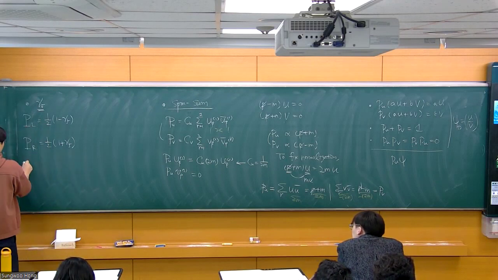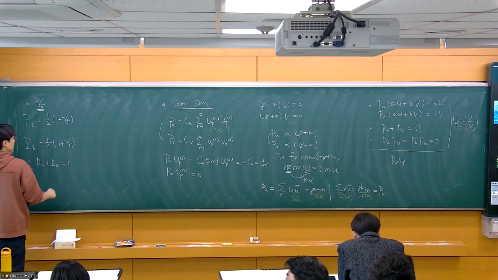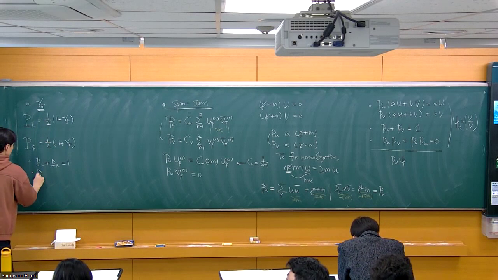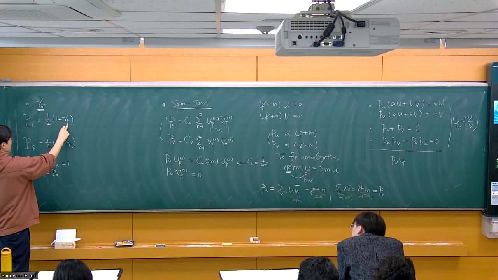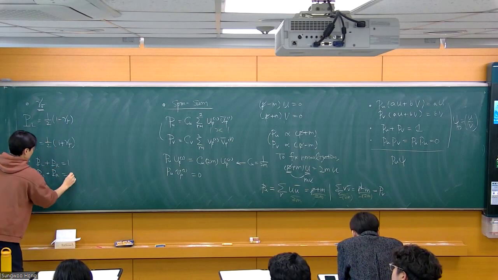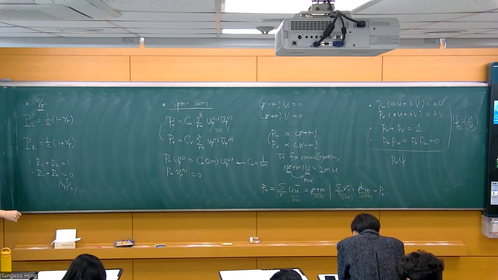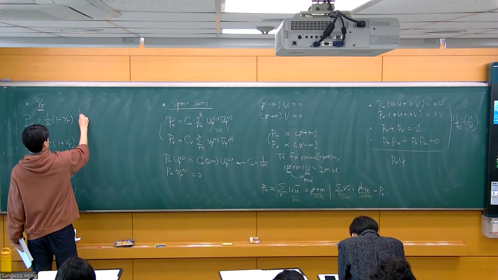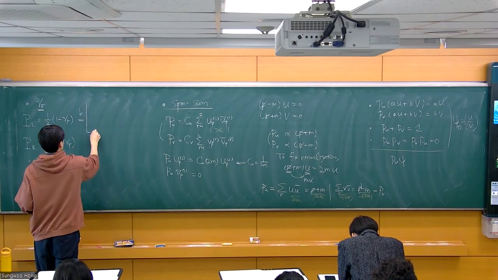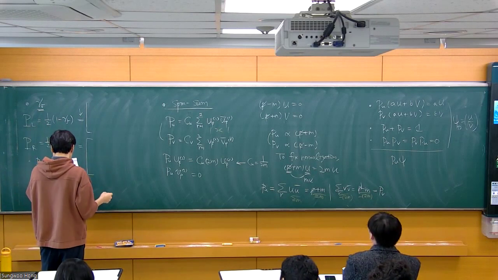First of all, this one satisfies all the properties that it has to satisfy for being a projection operator, and then P_L times P_R, this is like 1 minus gamma 5 squared, and I mentioned that gamma 5 squared is equal to 1, for instance. So it satisfies all the properties for being a projection operator. But in order to be totally explicit, let me write this in 2 different representations. I will do the same thing for this. But for now, let's just do this.